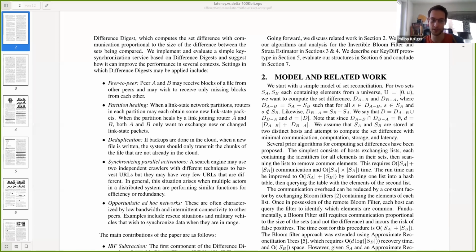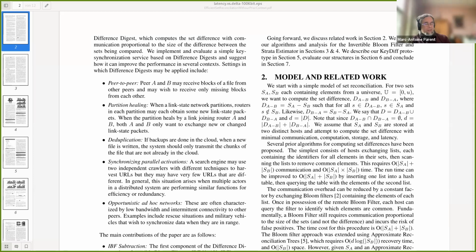They just publish their strata estimator and IBF, and anyone connecting to them tries to estimate the set difference using the strata, and then fetches the correct IBF, and then knows the difference.